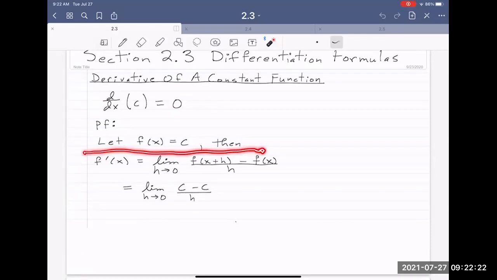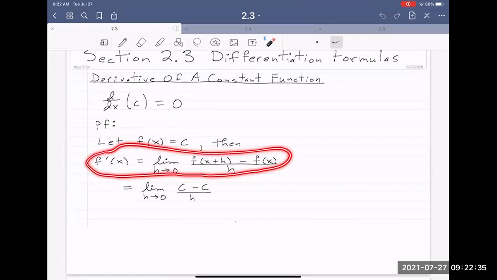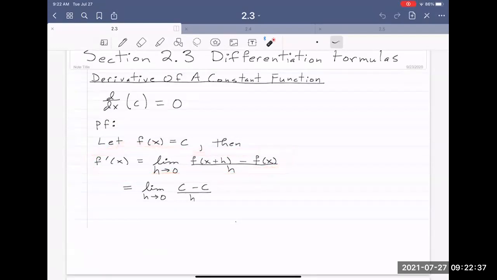Well, let f of x equal c. So I'm going to plug in f of x equaling c into the difference quotient formula for the derivative. So we know that f prime at x is the limit as h approaches 0 of f of x plus h minus f of x all divided by h.